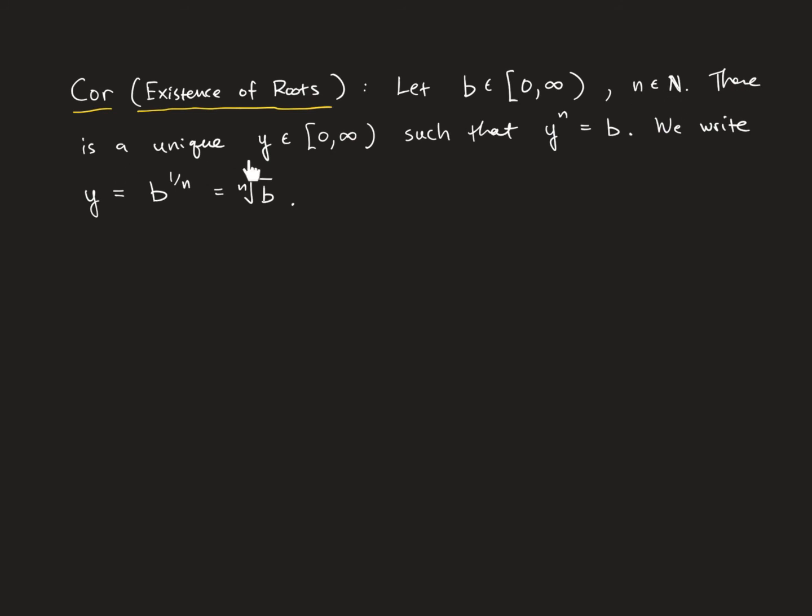Then there is a unique y, also a non-negative real number, such that the nth power of y is equal to b. In other words, the nth root of b is this y, right? So we write y is b to the 1 over n, or the nth root of b, familiar notation. So let's take a look at the proof.